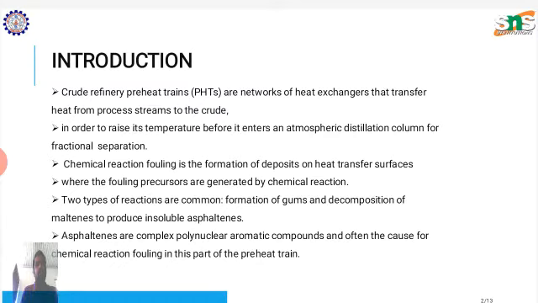Up to 70% of the heat required is provided by the PHT preheat trains. The remaining heat is provided via a fired heater.